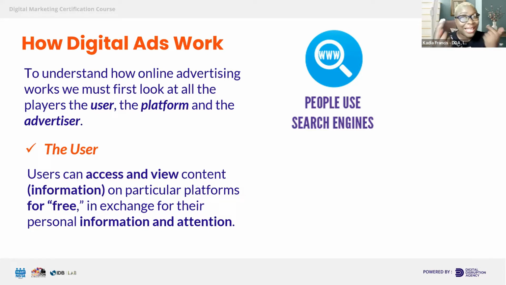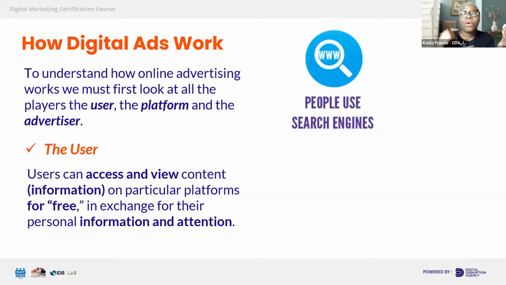The understanding, whether you're conscious or unconscious of it, is that you are exchanging information, personal information, and your attention. That's the exchange. I access this platform for free, I give you my information and my attention.